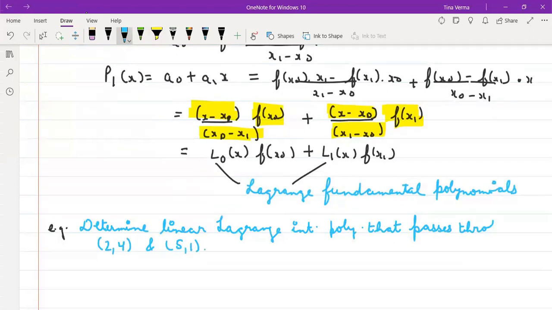So you have 2 points given over here. That means you will fit your linear polynomial over here.